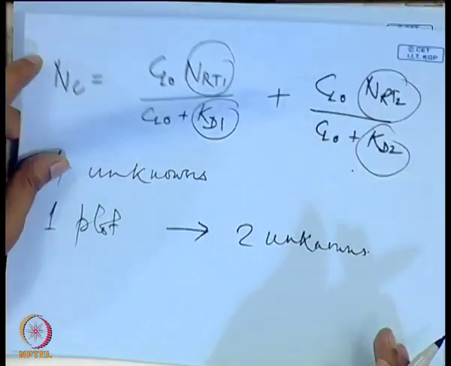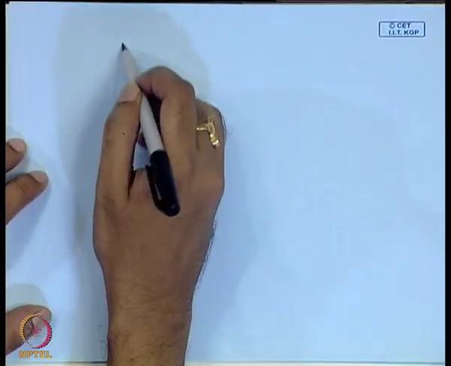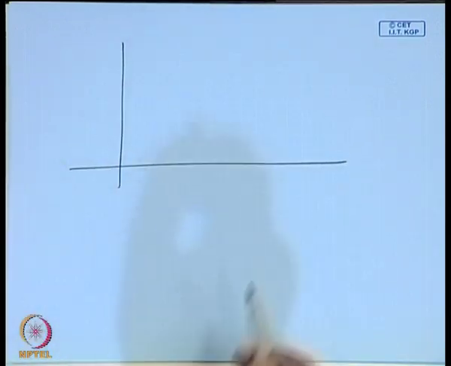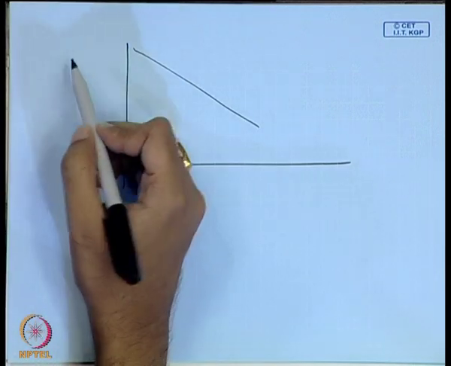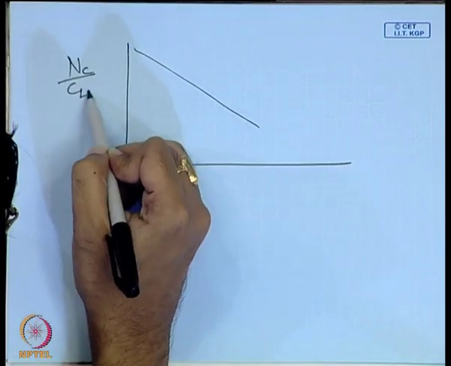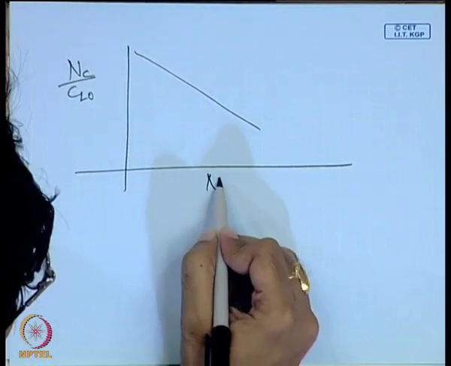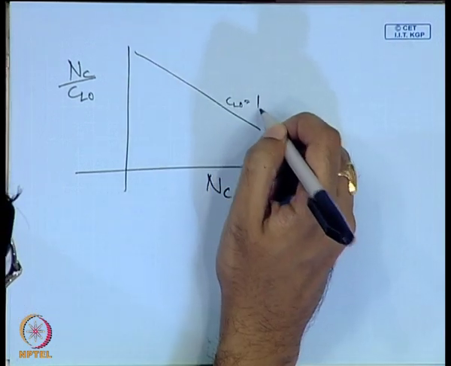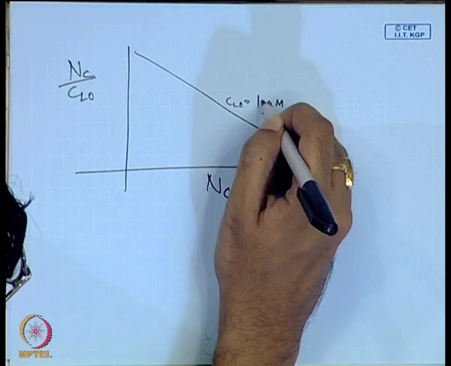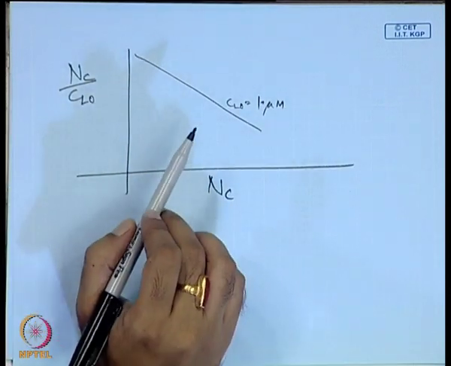So what we do is we obtain a scatter plot. Now, typically a scatter plot would be linear. So if you plot NC over Cl naught versus NC, for a particular value of Cl naught, say 1 micromolar or 10 micromolar, something like that, this is what you get.